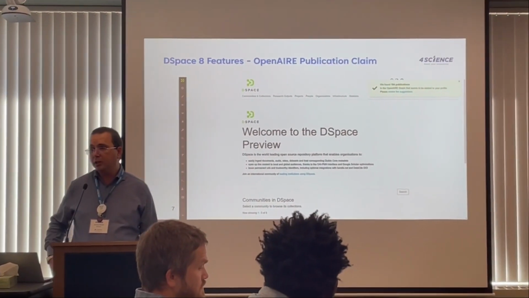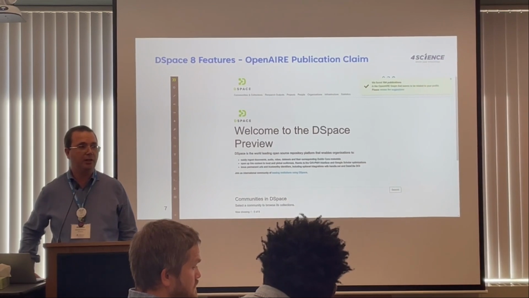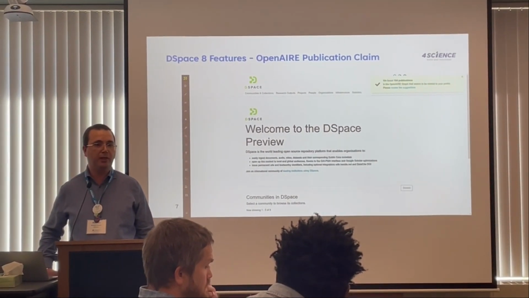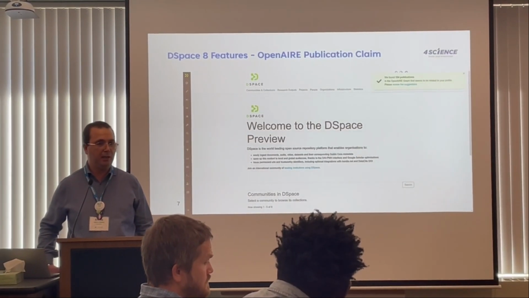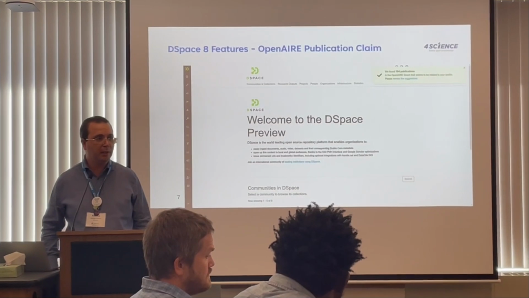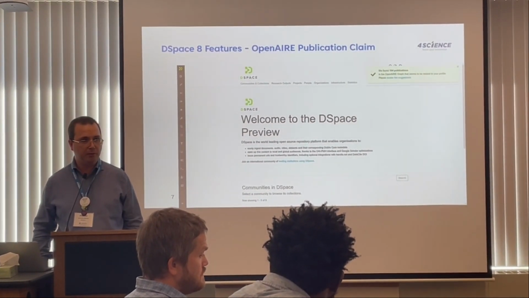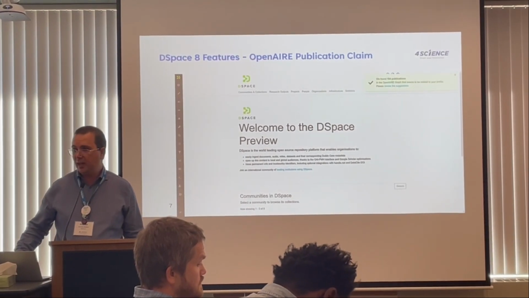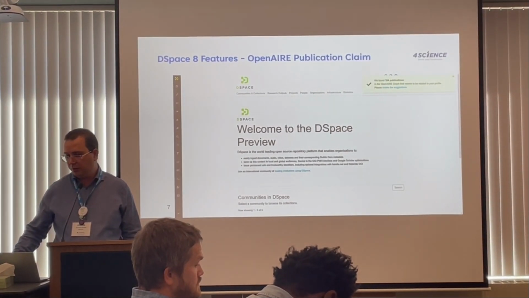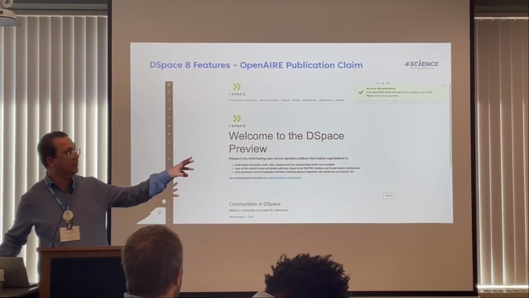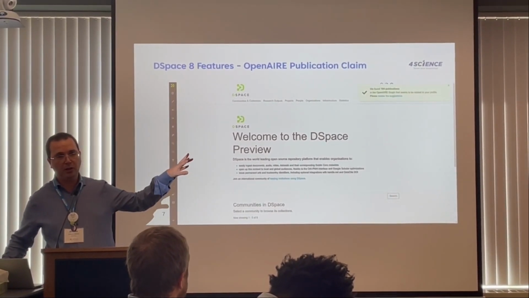So how does it work? As soon as your researcher logs in to the system, they are prompted about publications mainly, but in general content that is found elsewhere that can be imported into the repository. You have already seen some of these slides from Tim, but the point is, this is the login page. I've just logged in, and I get the notification.